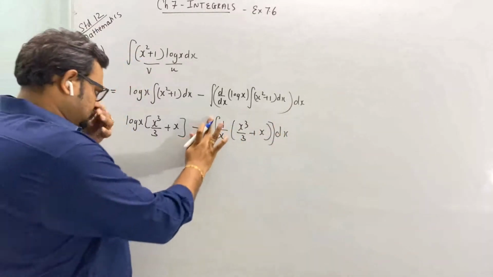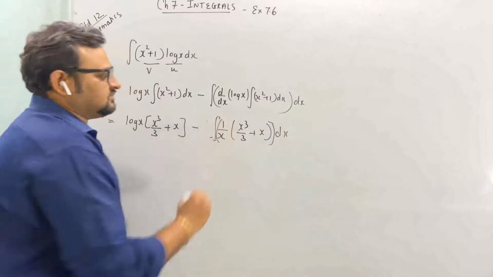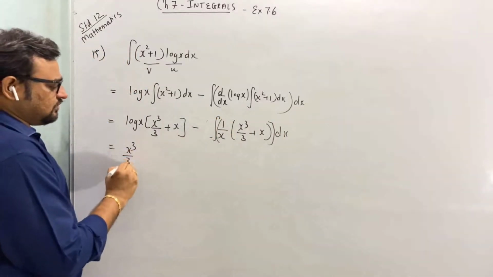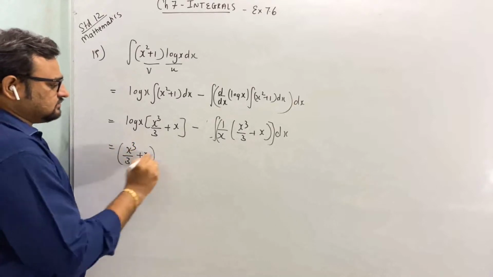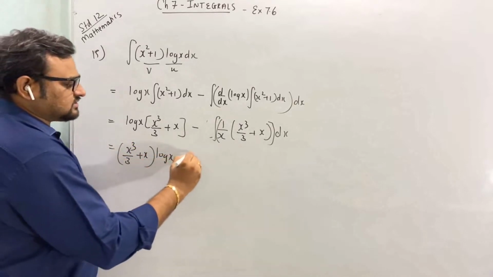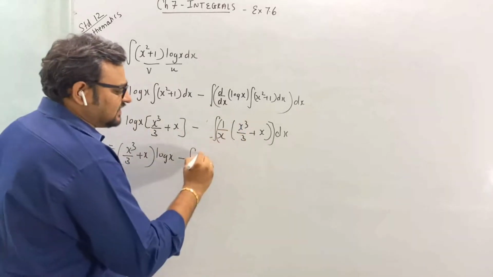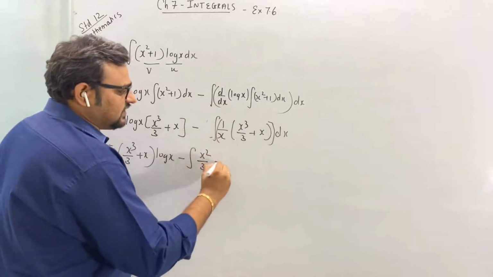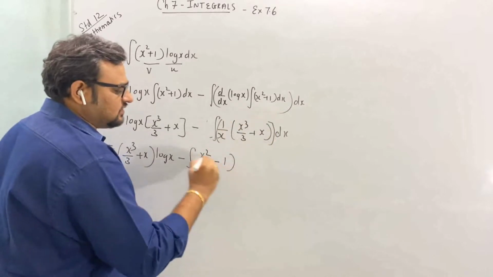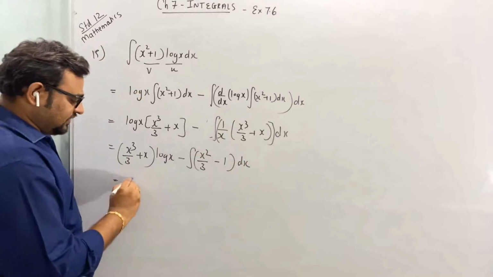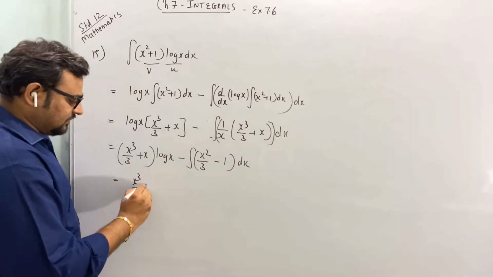Okay, so now x cubed by 3 plus x log x minus, okay, I will multiply this here. So x will get cancelled: x square by 3 minus, x gets cancelled, 1 dx.